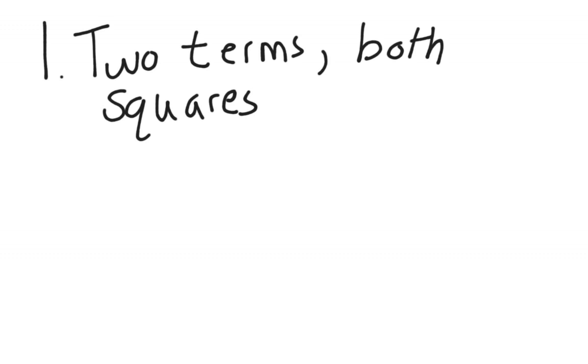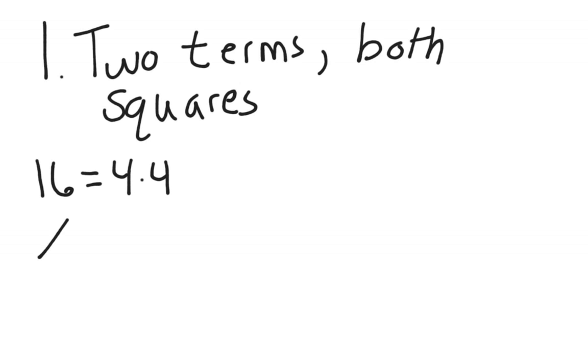The first thing we need to be able to do is recognize difference of squares. So there's two things that we need in difference of squares. The first is that there need to be two terms, and both these terms need to be squares. Squares can come in different forms. We might have a numeral squared, like 16, which equals 4 times 4.